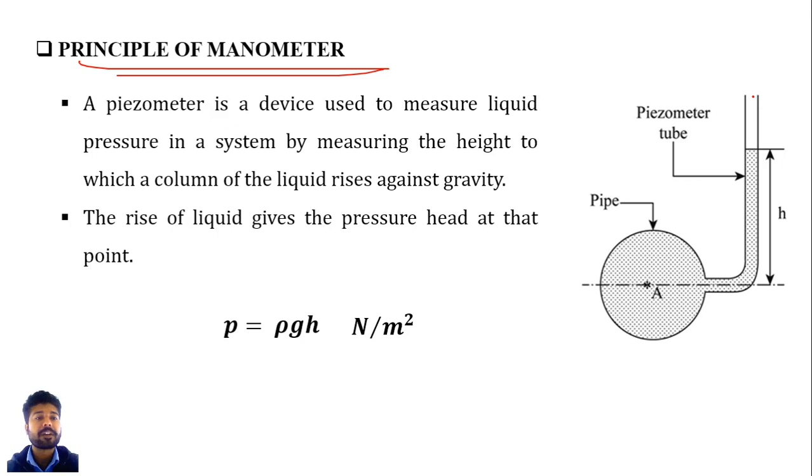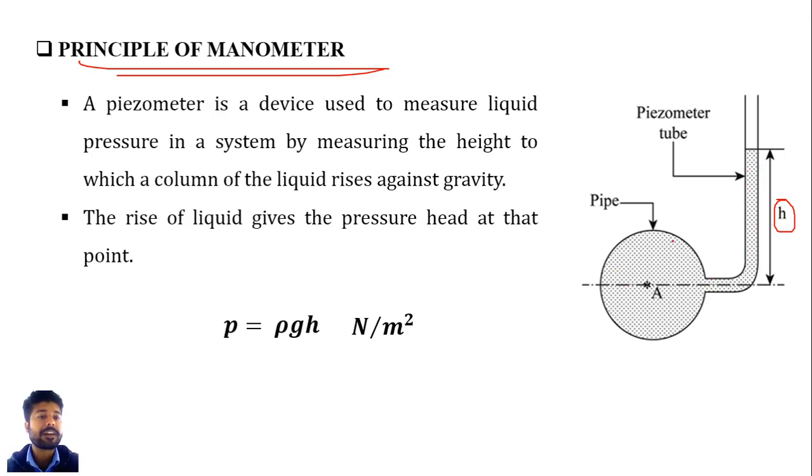Your piezometer, this one, is your vertical glass tube. The piezometer is used to measure the liquid pressure in a system by measuring the height to which a column of the liquid rises against gravity.